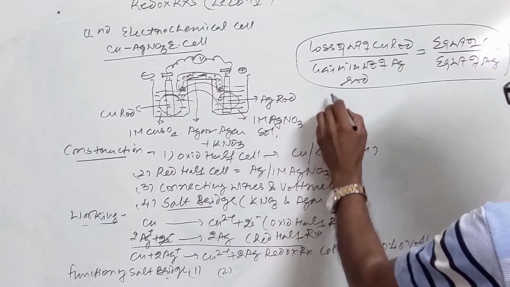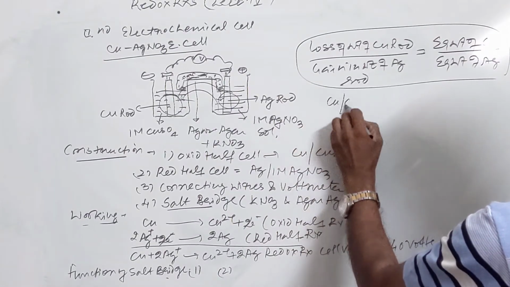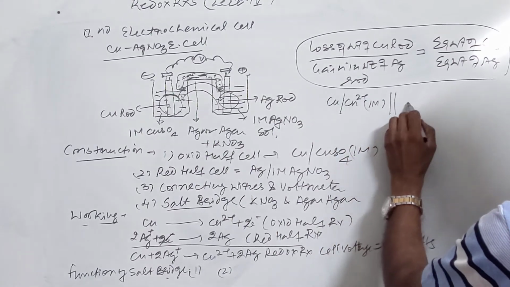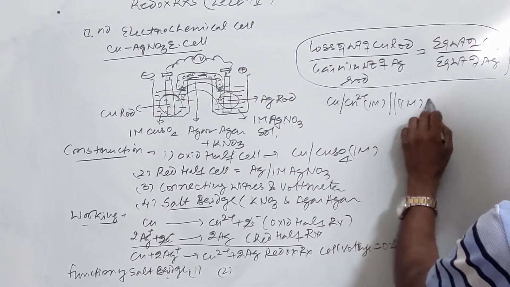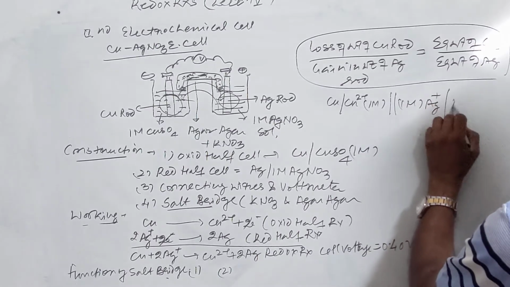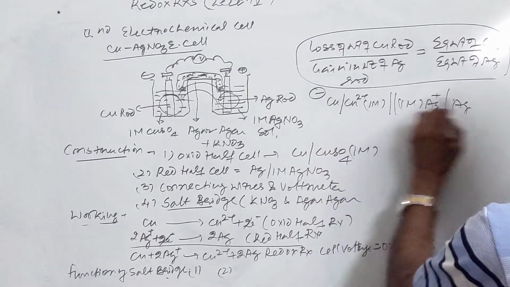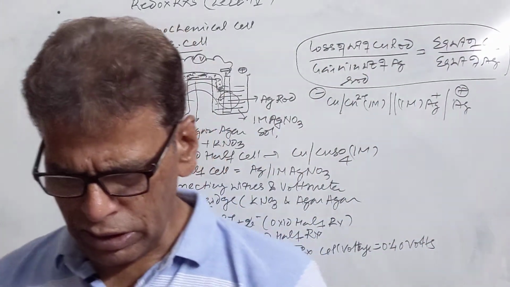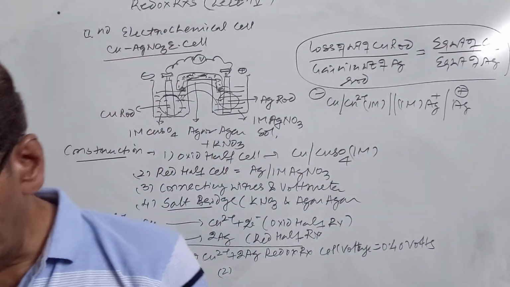And the cell representation is copper, copper ions, 1 molar concentration, this is salt bridge. Then we have 1 molar of silver nitrate, silver ions, silver rod, this is negative, this is positive. So this is our representation of the second electrochemical cell.